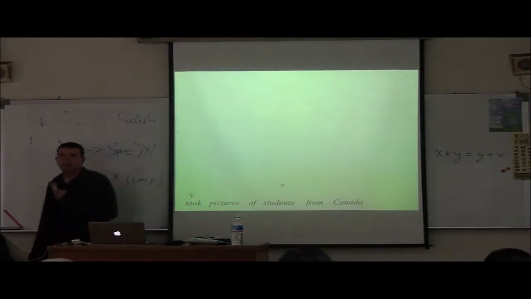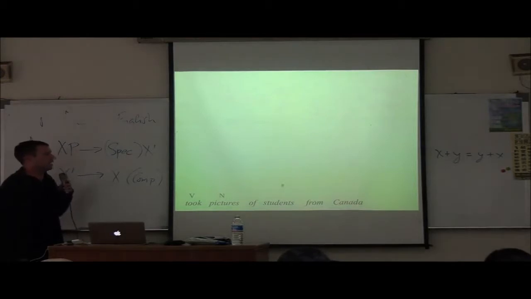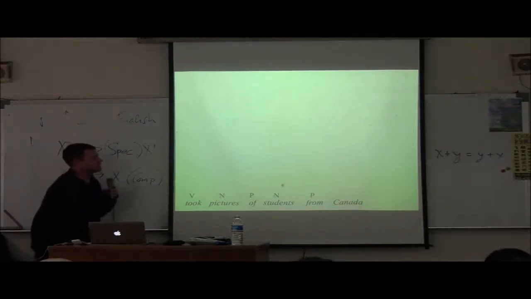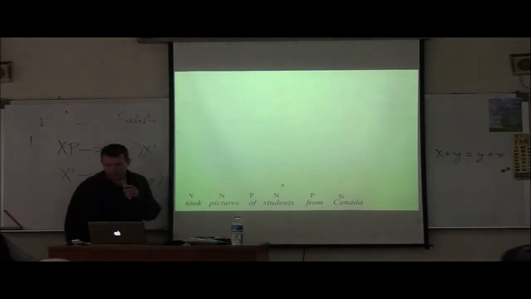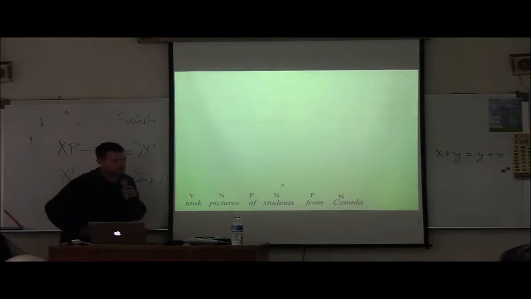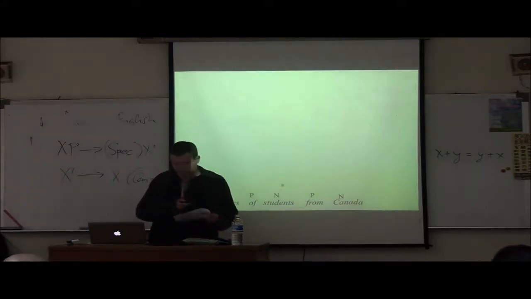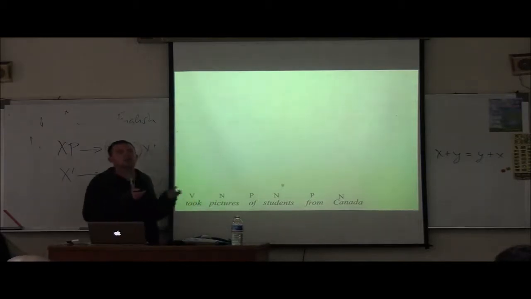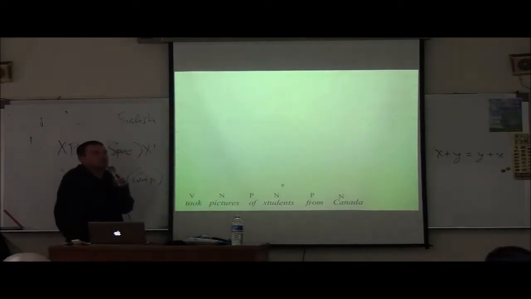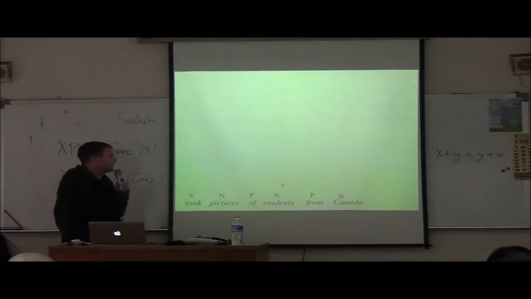Took is a V, pictures is an N, of is a P, students is an N, from is a P, Canada is of course an N. You must know that students from Canada is a constituent, because I told you that the students are from Canada, right?